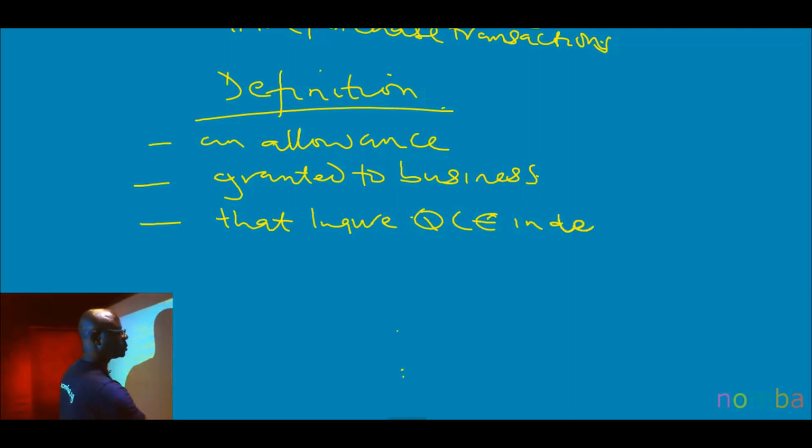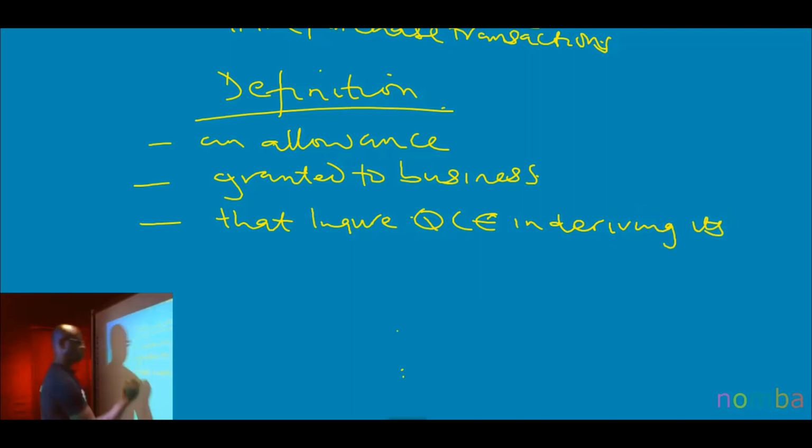So, that is an allowance and is granted to businesses. Which type of businesses? At what point? If the business has incurred qualifying capital expenditure in deriving its income, it's entitled to capital allowance. Are we there?